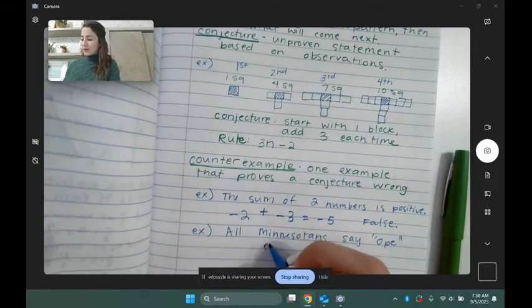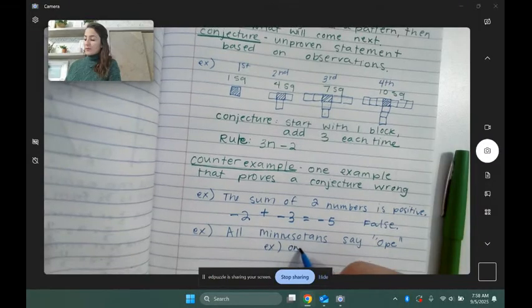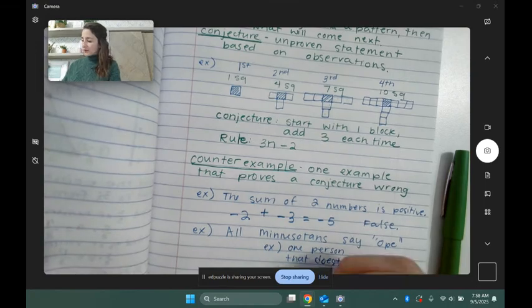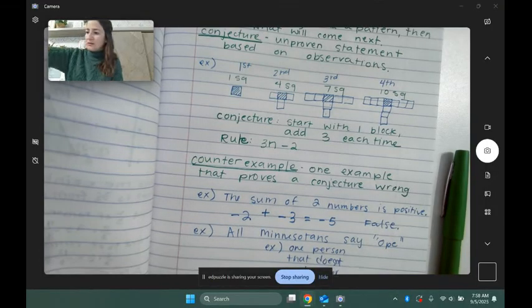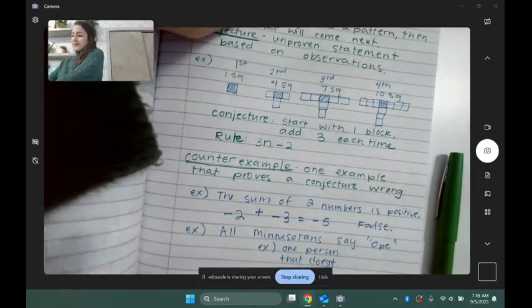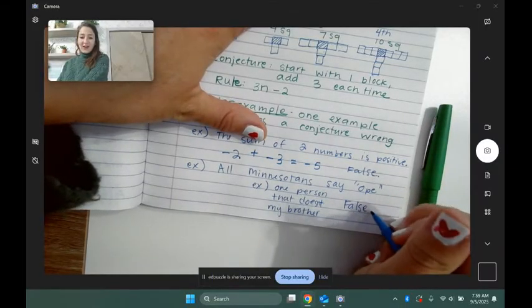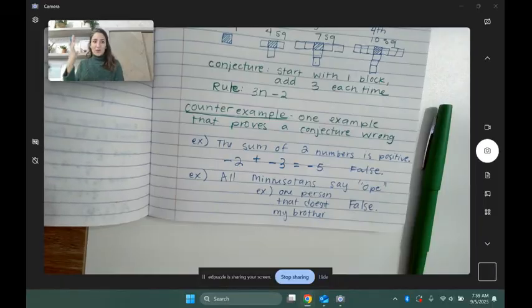So a counter example of that would be one person that doesn't. In my case, my brother. So, uh-oh. So that is false. It's more of a stereotype. And I can prove it with a counterexample or disprove it with a counterexample.